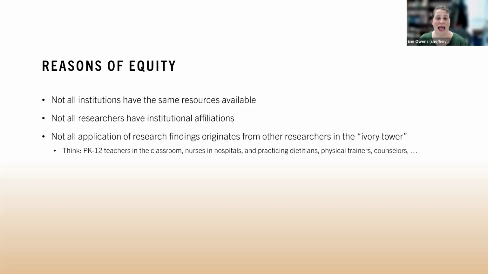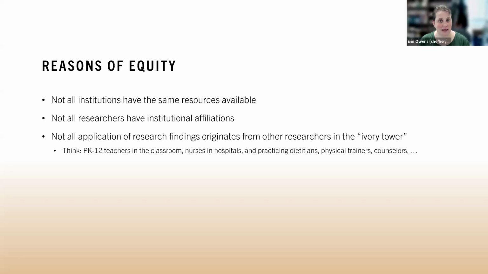Additionally, not all application of research findings originates from other researchers, right? So while we may be up in an ivory tower speaking to other academics in an ivory tower, there may be other practitioners, boots on the ground, who need to apply what we're learning when we do our research in the ivory towers of academia.